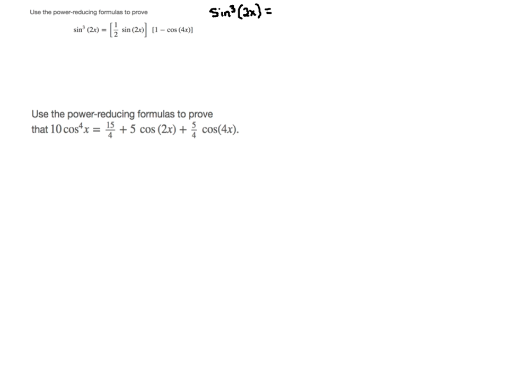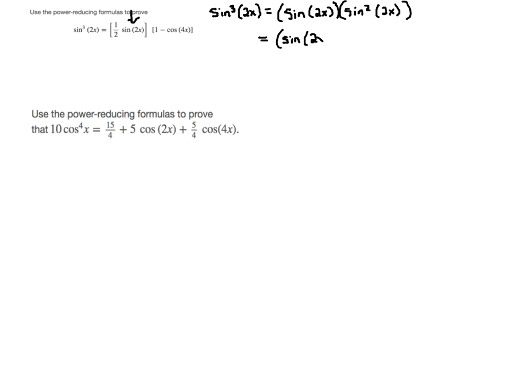So I'm going to start by splitting up my sine cubed into sine 2x times sine squared 2x, because I know I can work with both of those. So this is the same thing as the sine of 2x times sine squared of 2x. And I'm just going to leave my sine 2x, because notice I have a sine of 2x sitting there, so I really don't want that to go anywhere.